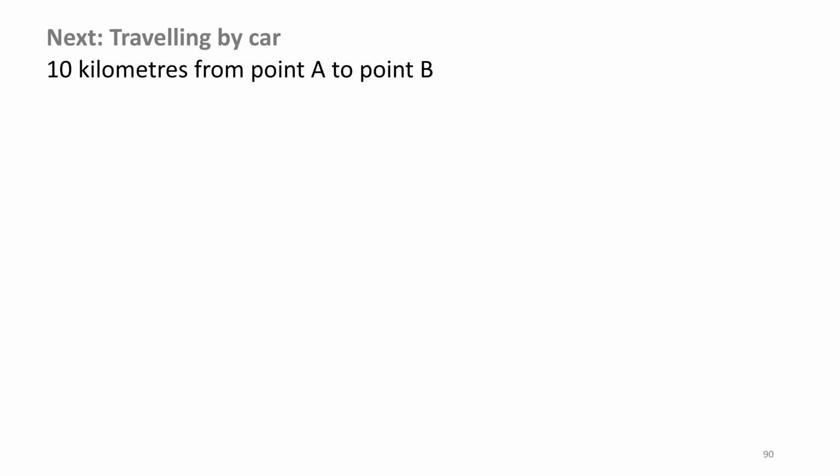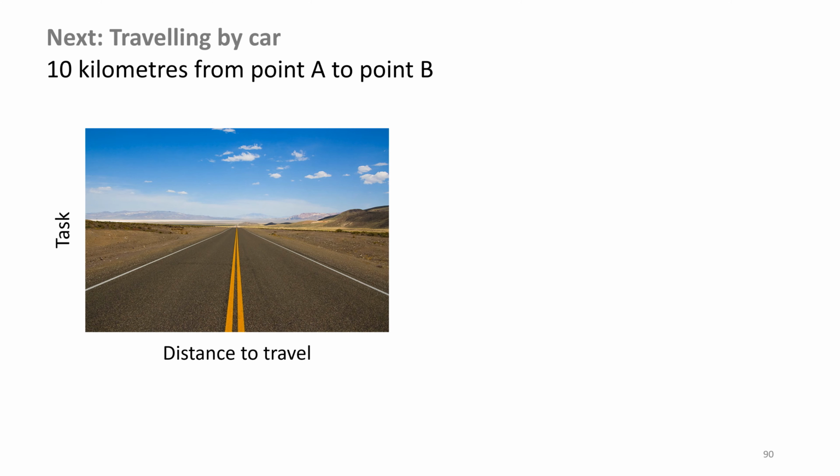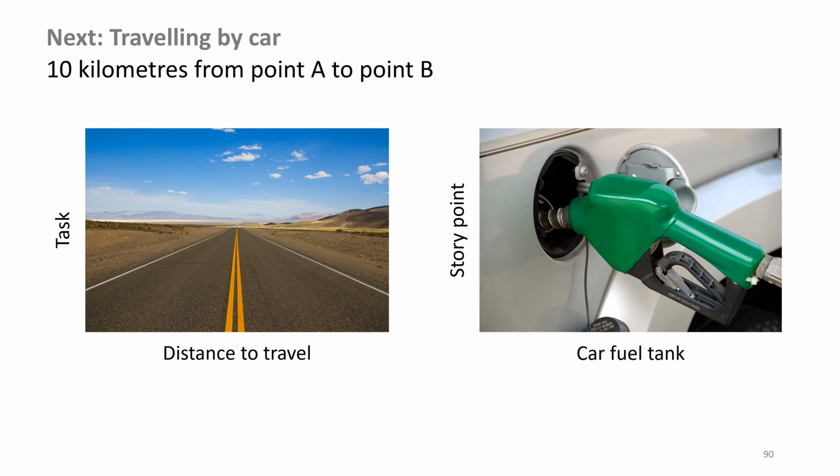Traveling by car. After the simple example with time and kilometers, here is another example to deepen our understanding. The task we are given is to travel a certain number of kilometers. A car can carry 40, 45, 50 or more liters of fuel.